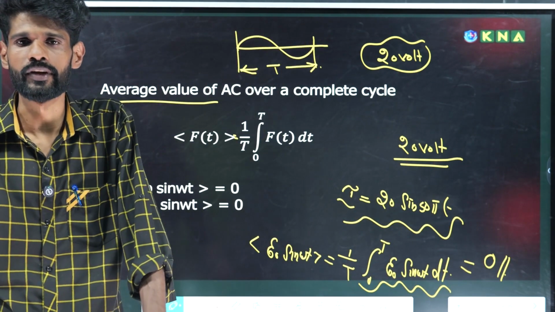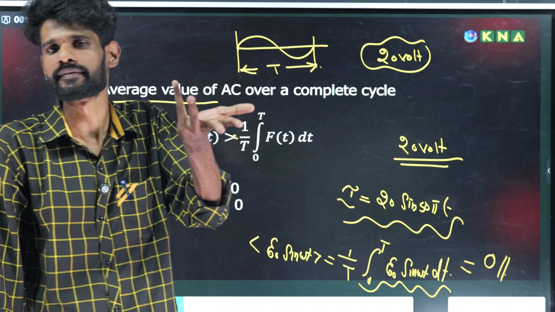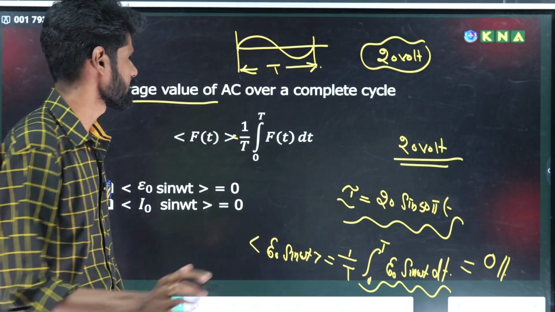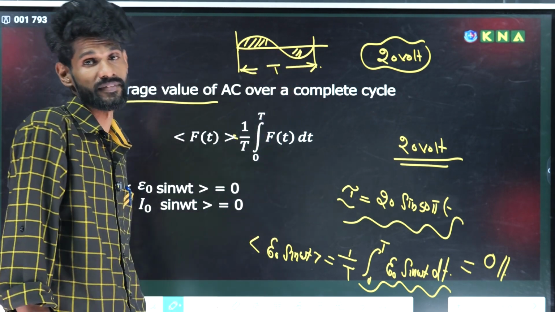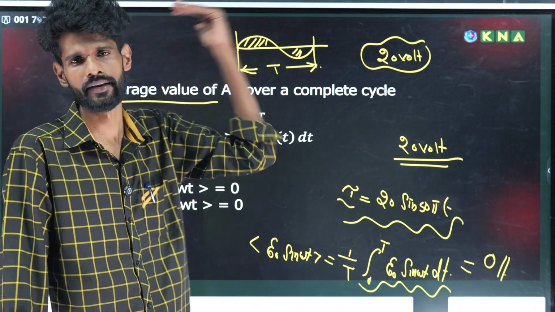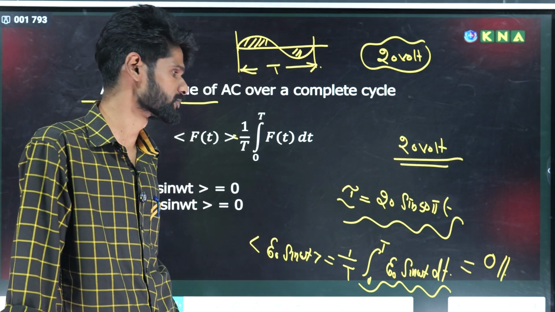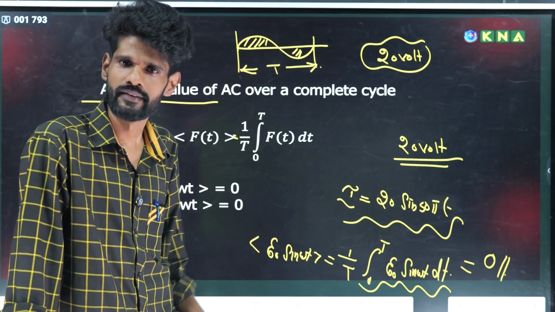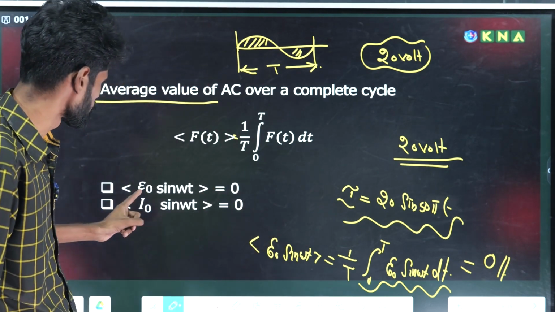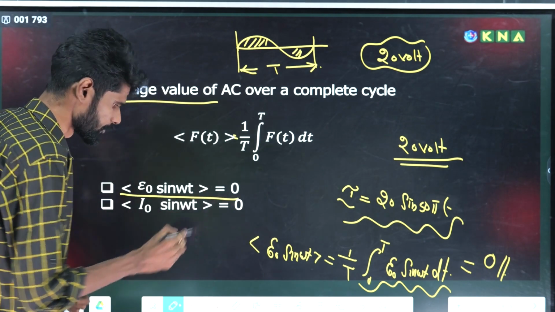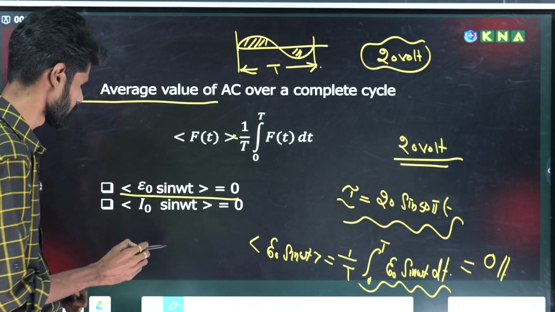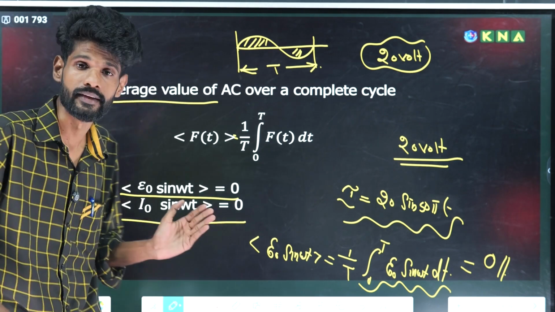So the average value of AC over a complete cycle is equal to 0. From this graph, we can directly see equal positive and equal negative variations, so the average value of AC is equal to 0. So the average value of E naught sin omega t is equal to 0, and also the average value of current I naught sin omega t is equal to 0.